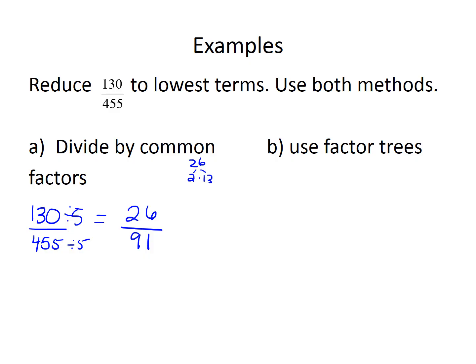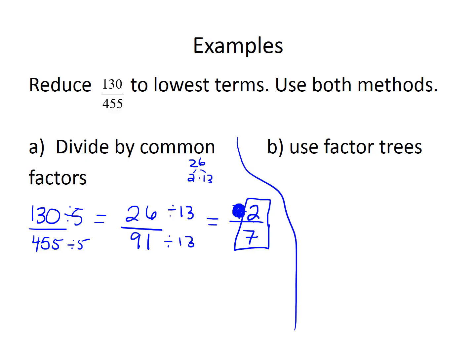So you know 2 is not going to go into 91, so you can try to see if 13 goes into 91. If you do that, 91 divided by 13, you'll actually get 7. So 13 does go into both of those. 26 divided by 13 is 2, and 91 divided by 13 is 7. So the answer is 2/7.